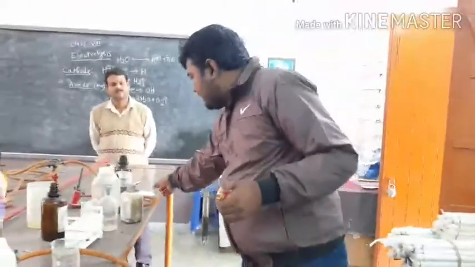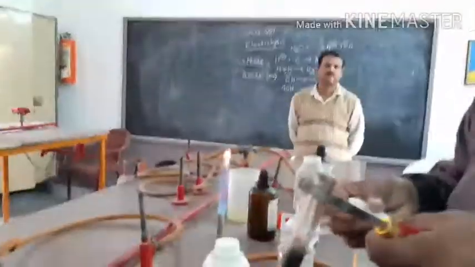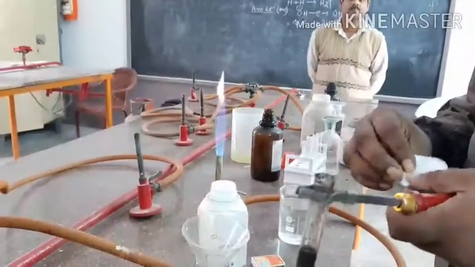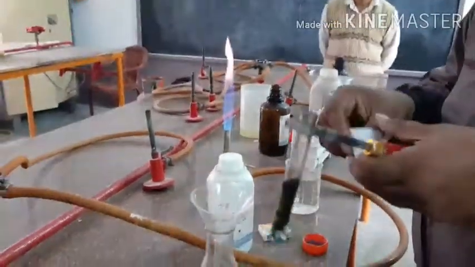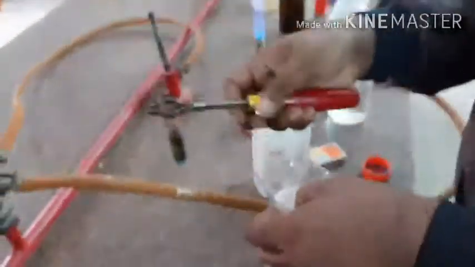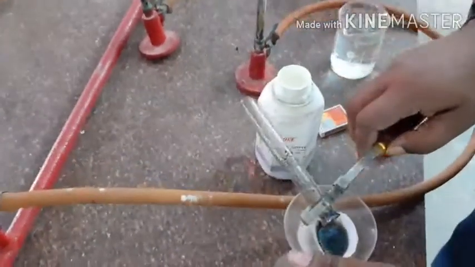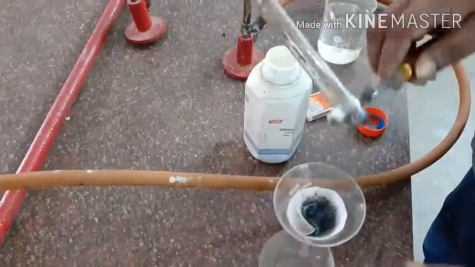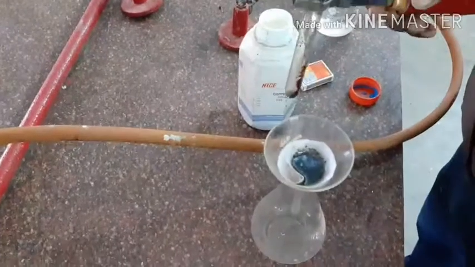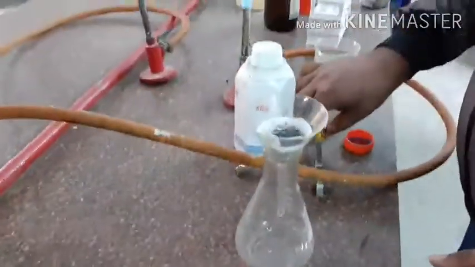Now what will I do here? I will filter the precipitate by using a filter paper. Let the precipitate be separated first.